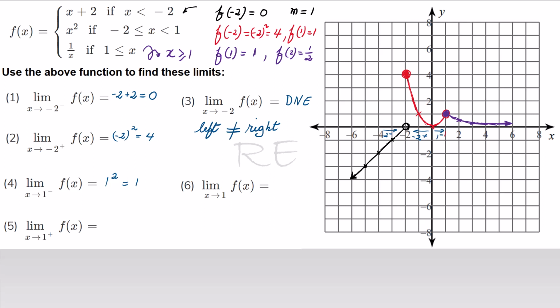Number 5, x is approaching 1 from the positive side, from the right. We have to consider f of x equal to 1 over x, so 1 over 1 is 1. So that limit is definitely 1, the normal limit, because the left limit is equal to the right limit.